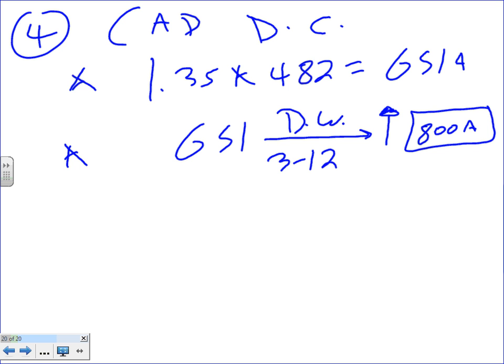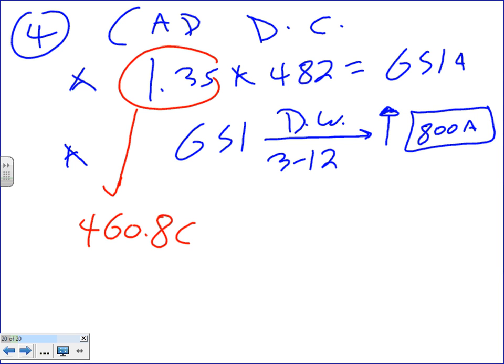And if you guys don't believe me, this is coming from 460.8(C). 8(C), no? 8(C), the disconnect. Where does it say size in this?